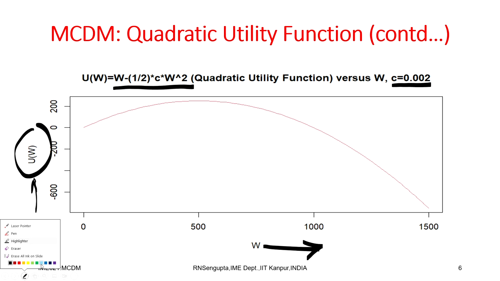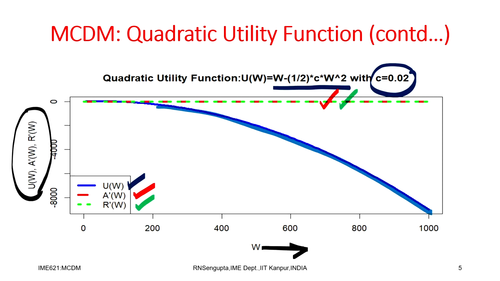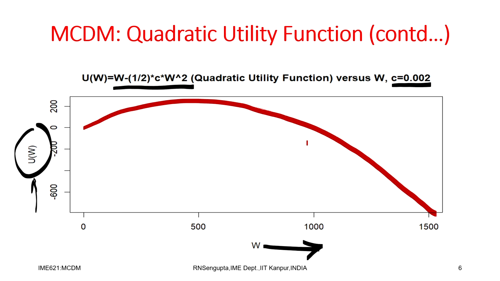If I plot the diagram, this is the quadratic utility function, with the same characteristics as the last diagram, downward sloping, this part is also the same.